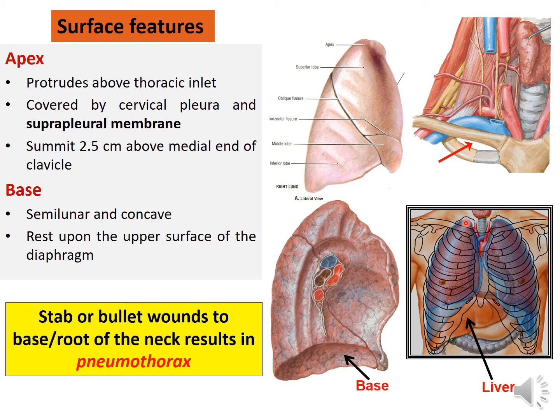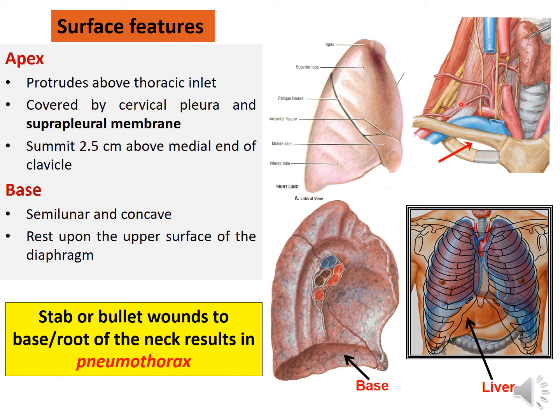The summit or the highest point of the apex of the lung is located approximately 2.5 centimeters above the medial end of the clavicle. Here I will show you, this is the medial end of the clavicle. So the highest point of the apex is located about 2.5 centimeters above this level.